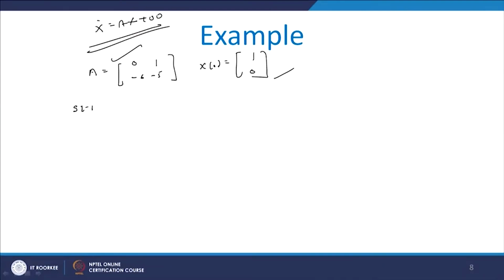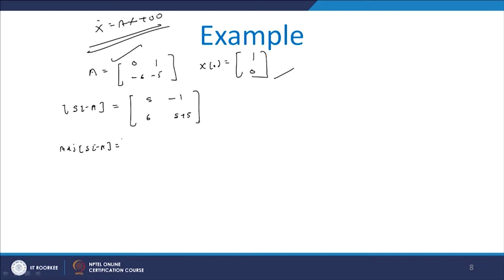So, now the first step is we have to take SI minus A. This SI minus A equals [[S, -1],[6, S+5]]. Then we can write down the adjoint of SI minus A, because we need to determine the inverse.